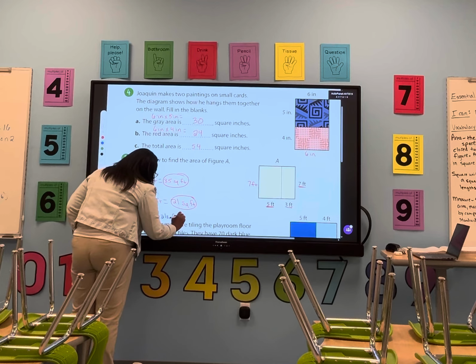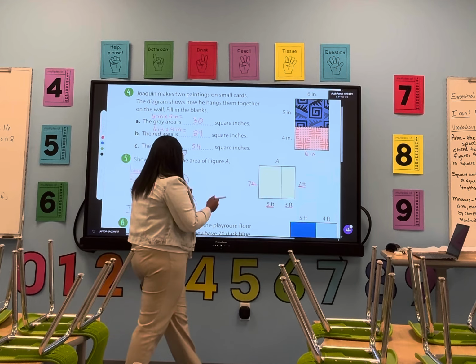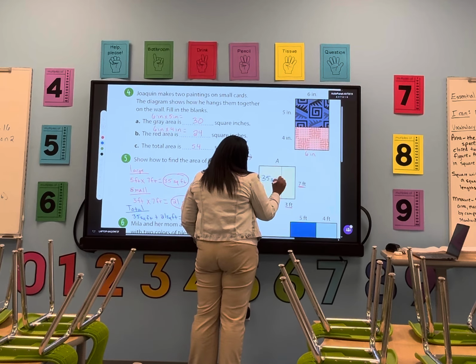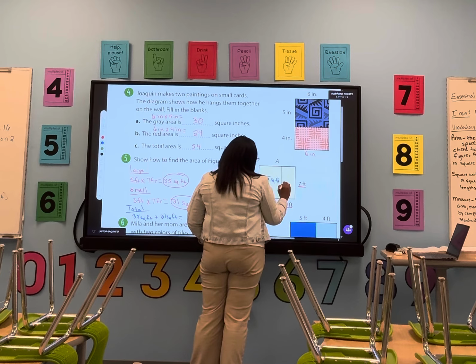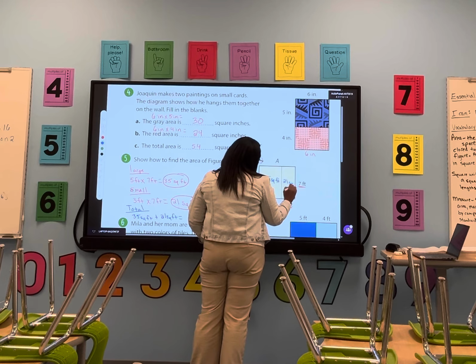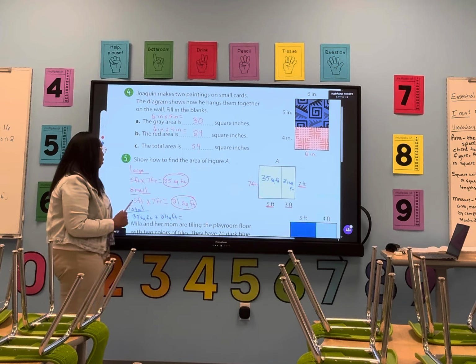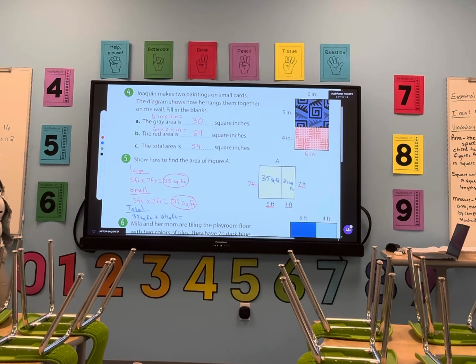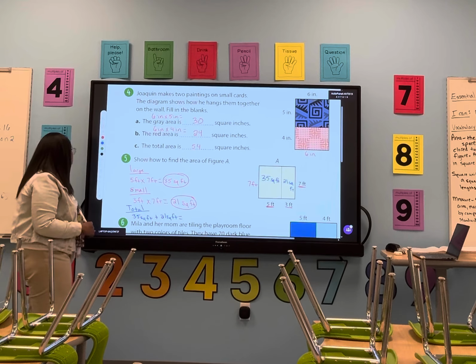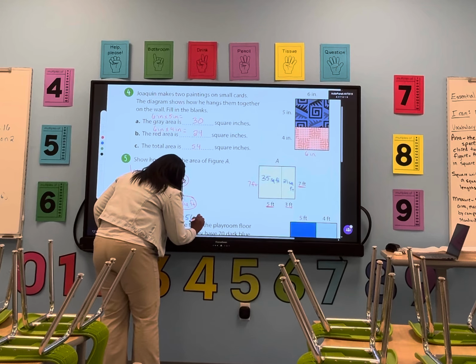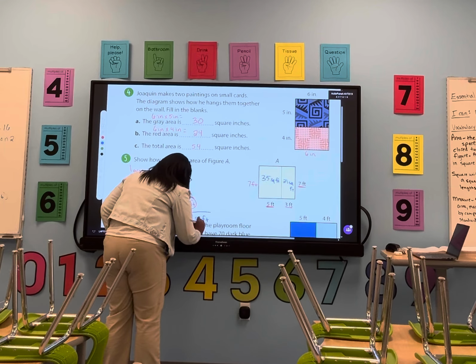And like I said, you can go in and write that in the boxes if you like. This one was 35 square feet. And this one was 21 square feet. Okay. So once we add this up, 35 plus 21 is going to give me a total area of 56 square feet. Okay.